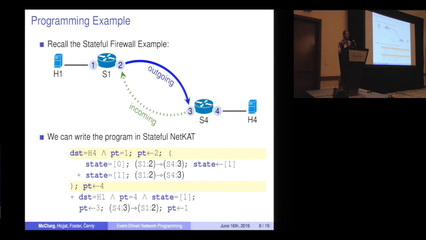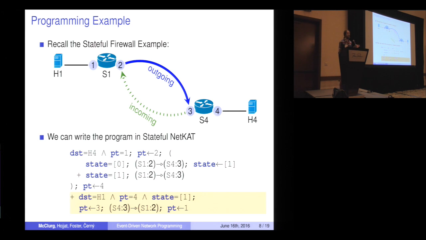So these are packets that are going across to the right. Inside the parentheses, we check if state equals 0, then forward from switch 1 port 2 across to switch 4 port 3, and finally change the state to 1. Otherwise, if the state is 1, then just do the forwarding across the outgoing link and don't change the state.